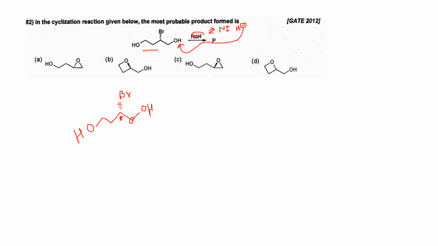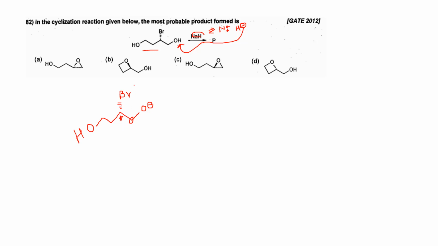So now this OH can attack from above and also from below. It's not OH actually; after proton abstraction, it will be O minus. Now this O minus can attack from above the plane and below the plane. How will it attack? Obviously, whichever plane the leaving group is in, the incoming nucleophile will come from the opposite side.